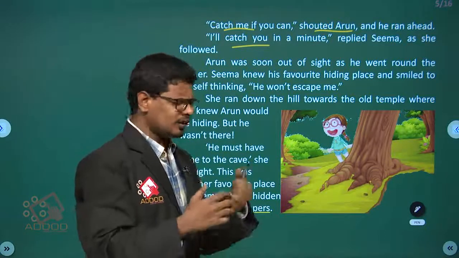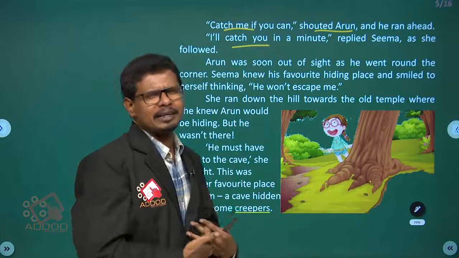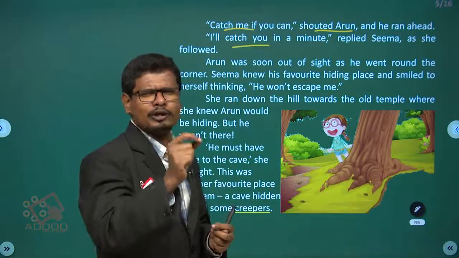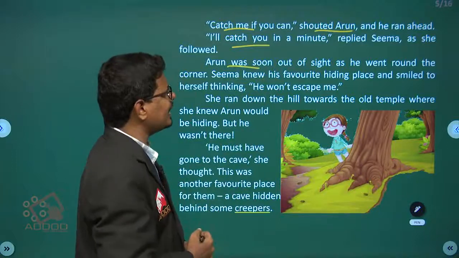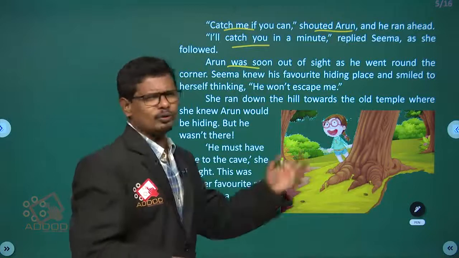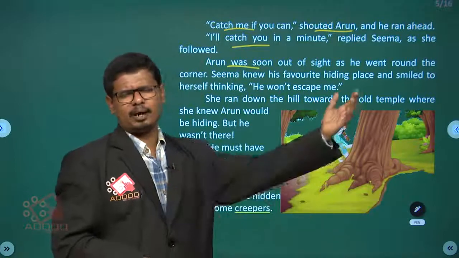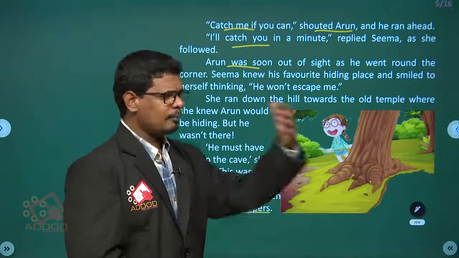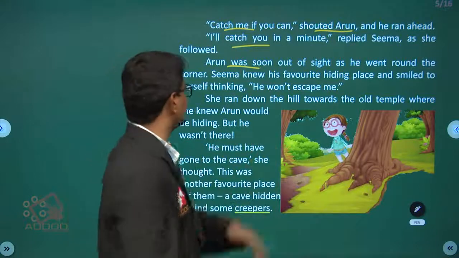I'll catch you, because many times we have been here in the old temple, and they are very much familiar with every nook and corner of the temple. Arun was soon out of sight as he went round the corner. He hid himself somewhere behind the rocks, behind the walls, behind the pillars somewhere in the old temple.